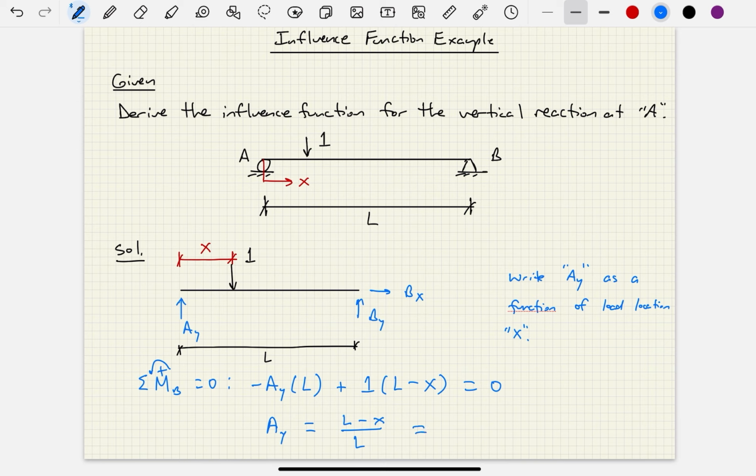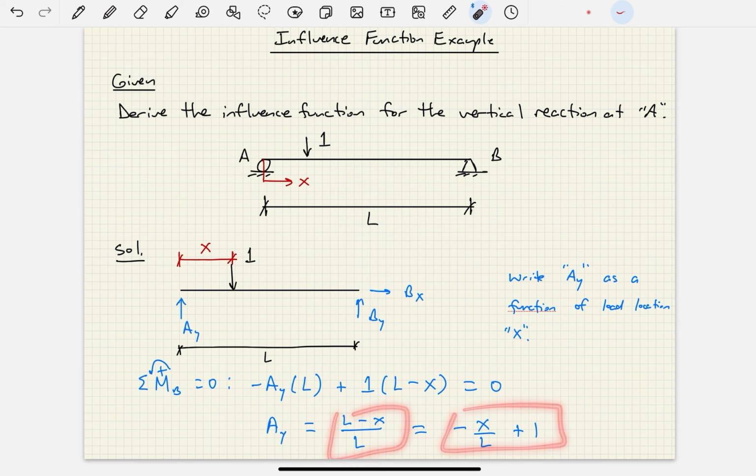You can write this in a more familiar form as a linear equation. That would just be minus X over L and then plus 1, right? Because if I split this L up into a common denominator of L and this X in the numerator, I get this form of the function. And this is my answer. Well, either one of these. You can write it as either one of these forms, and that's your answer.